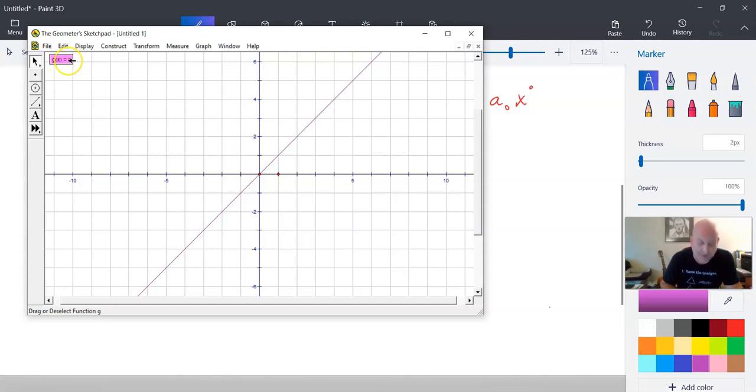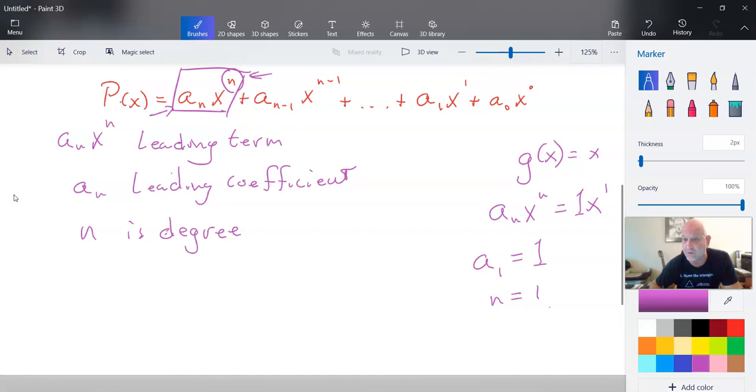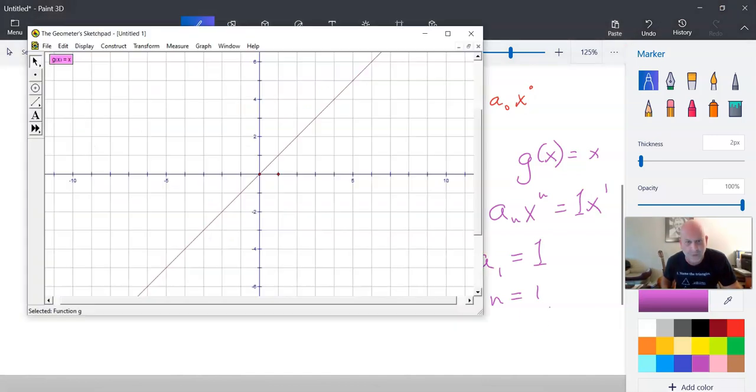If g of x equals x, what that means is that a_n x to the n is equal to just x, which tells me that this is a_1. a_1 happens to be equal to 1 because that's my coefficient here, and the exponent is n. So this is a first degree polynomial, right? Notice what it does. It goes straight through the origin at a 45-degree angle.